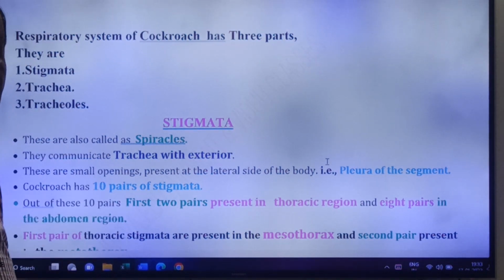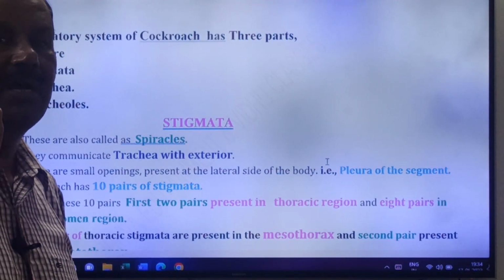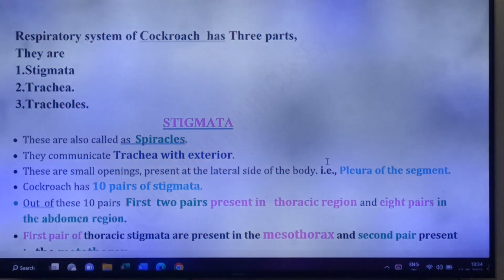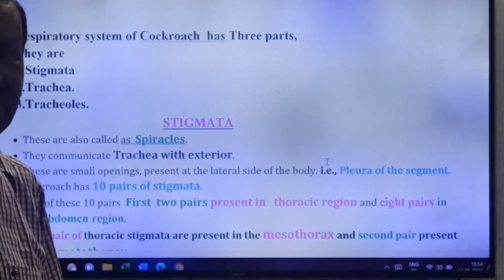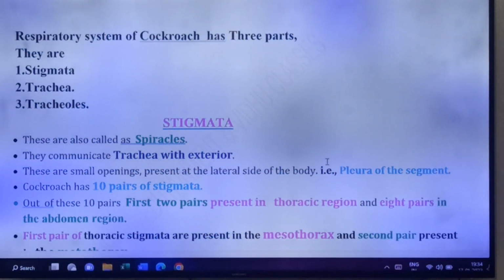See, friends, cockroach has 10 pairs of stigmata. How many pairs of spiracles are there? How many pairs of stigmata are there in cockroach? Cockroach has 10 pairs of stigmata, 10 pairs of spiracles. See, friends, out of these 10 pairs, 2 pairs are present in the thoracic region and 8 pairs are present in the abdominal region.